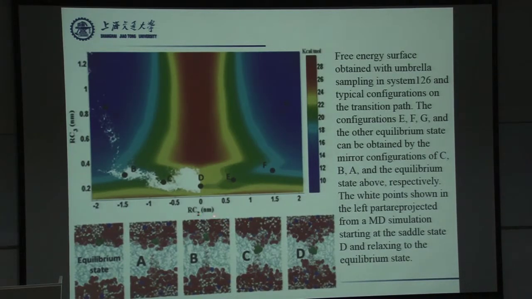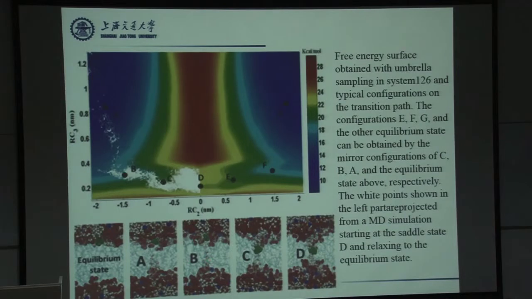If we plot it in two dimensions, the other coordinate is actually the water chain coordinate. I can't describe how I define this. It's very complicated. But in order to see this low free energy path, you have to use another coordinate helped by water.